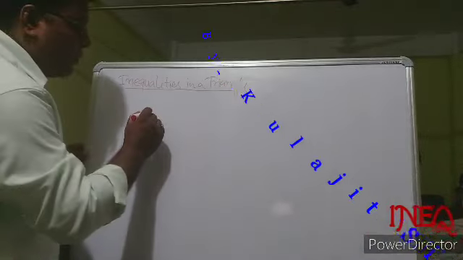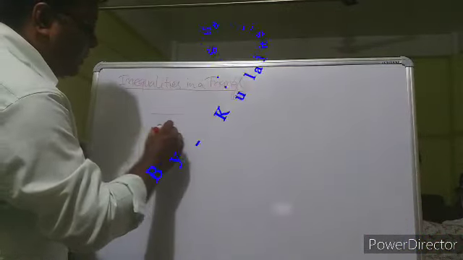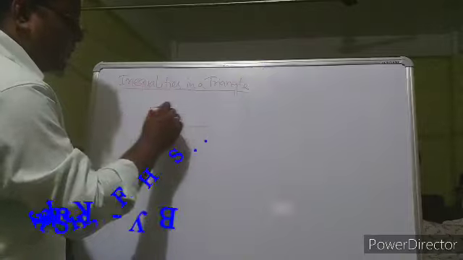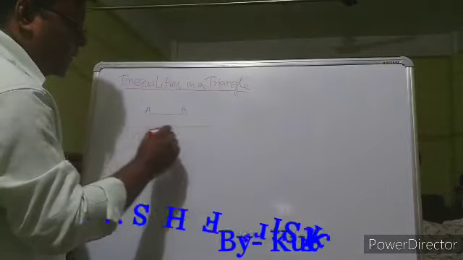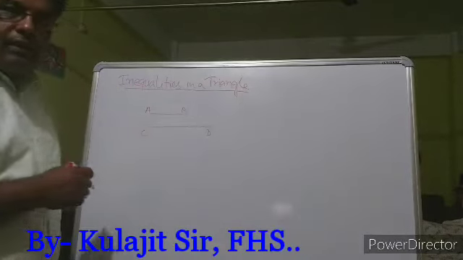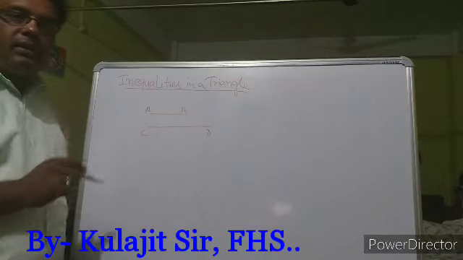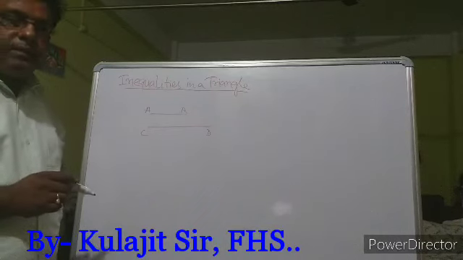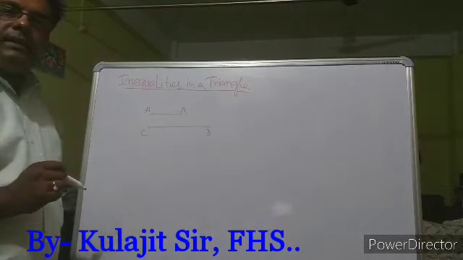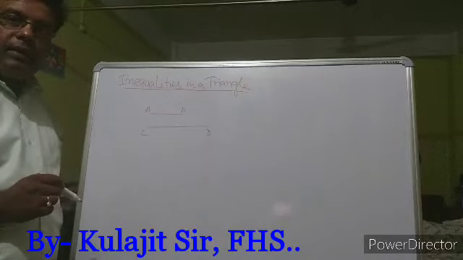That is, if we draw two line segments here, suppose this is AB and this is CD. Which one is longer? Obviously CD is longer than AB.